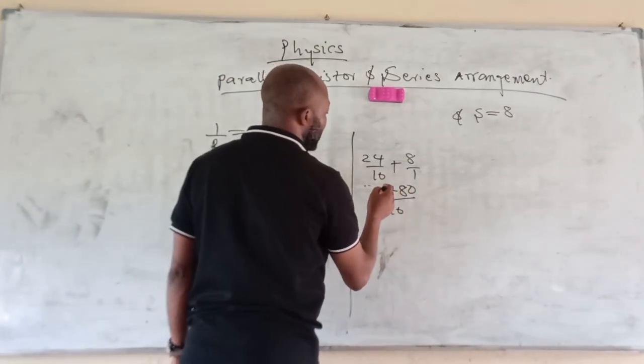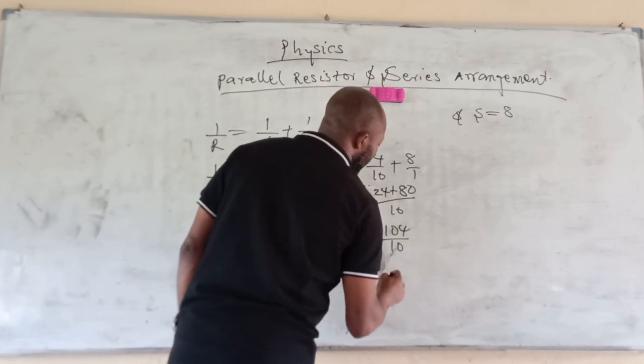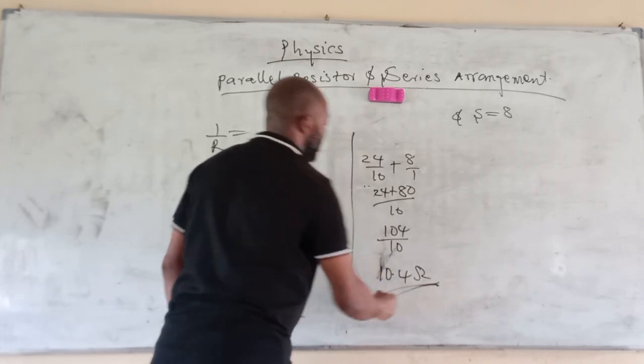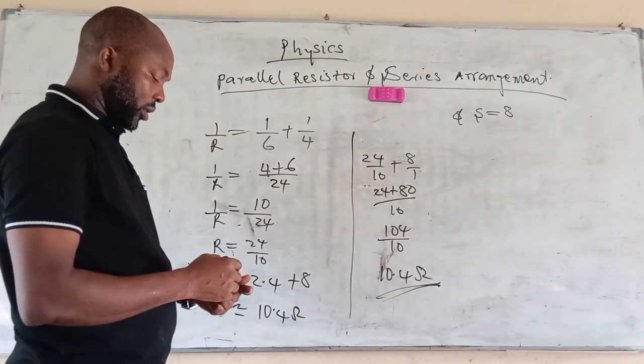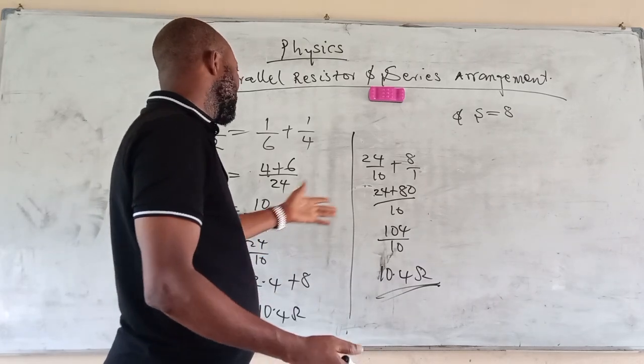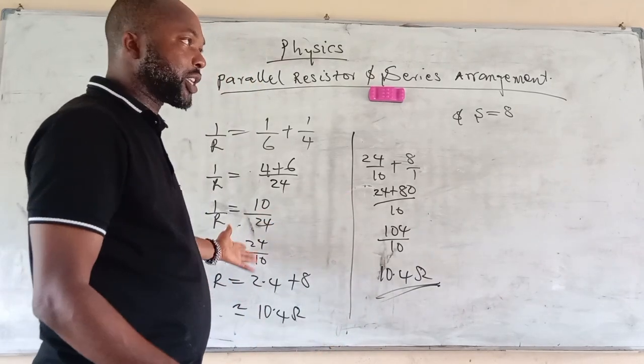So this is 80 plus 24, 104 over 10, which is the same 10.4 ohms. In my opinion, this one is quite okay, but the other requires some more work, so you can just take this method and move on.